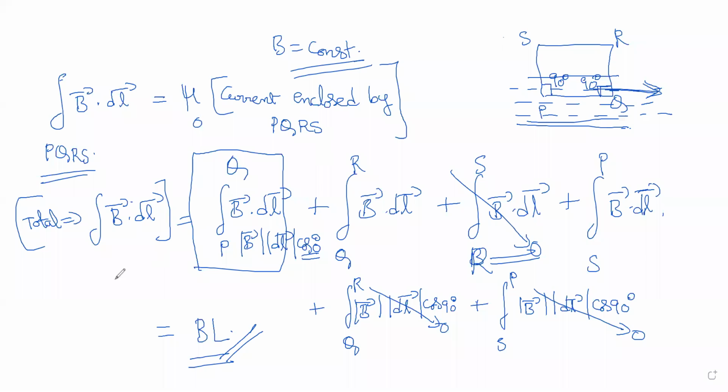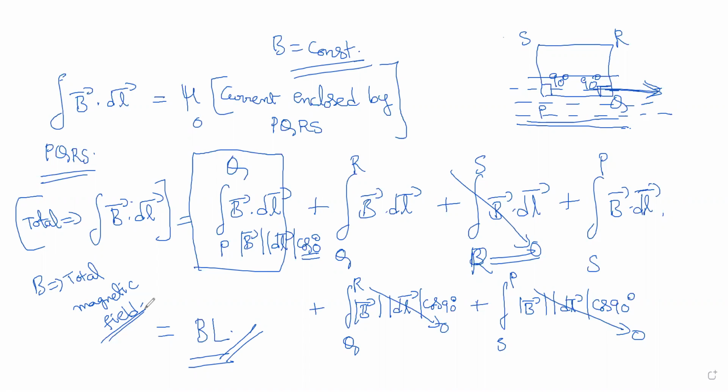Now, what is B actually? B is the total magnetic field. Okay. Remember this. This is very important.